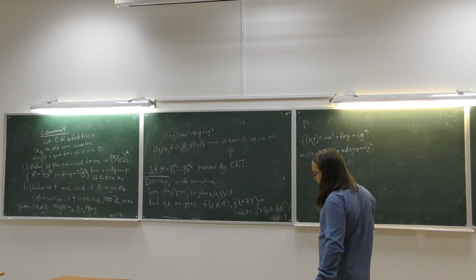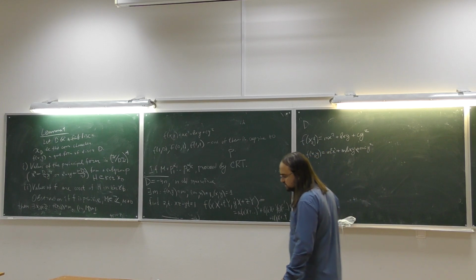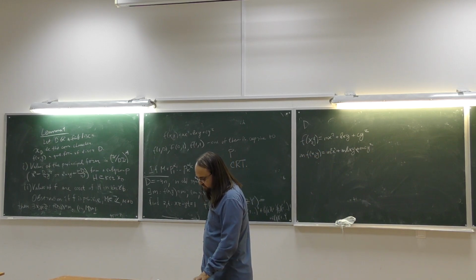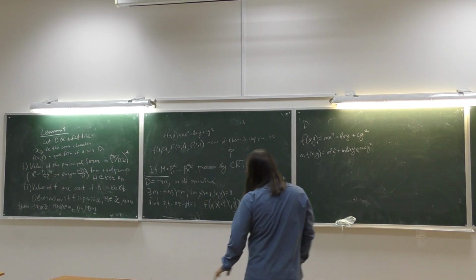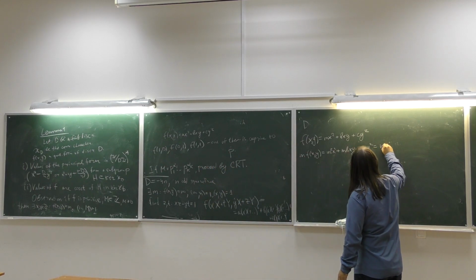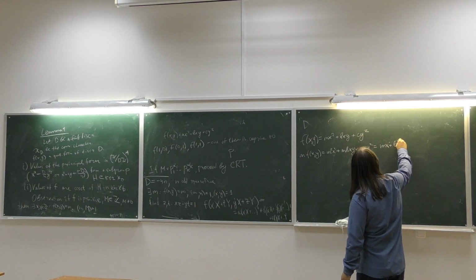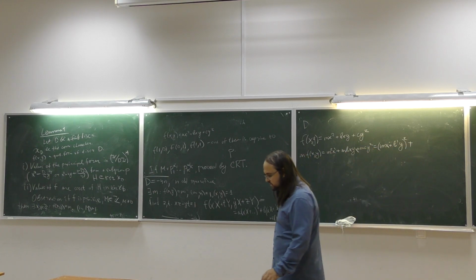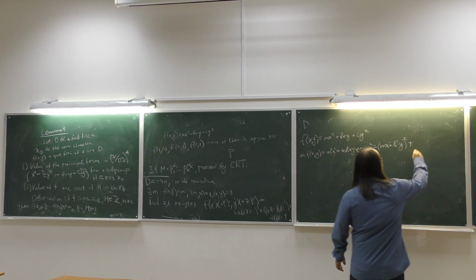This is equal to (mx plus some b prime y) squared plus n y squared.